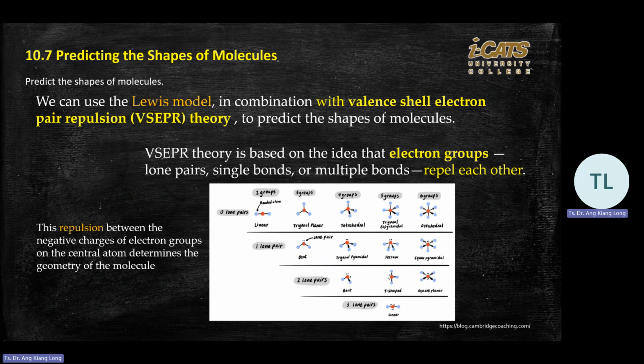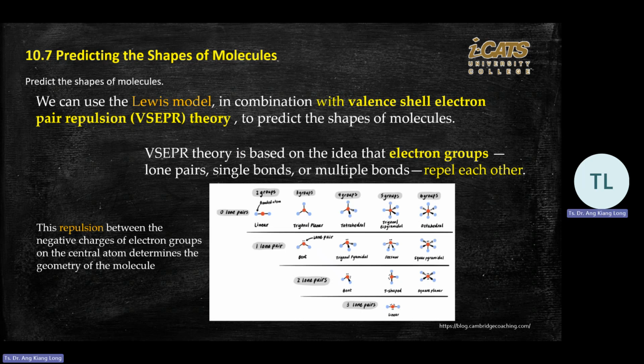So that's like the one that you see in your tutorial question there. What does it mean? Lone pair, single bond, double bond. For example, linear: you have a double bond, you have a single bond, two sides, means they are balanced.